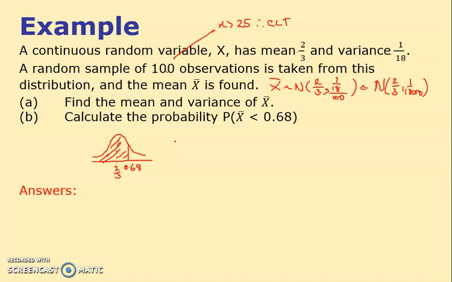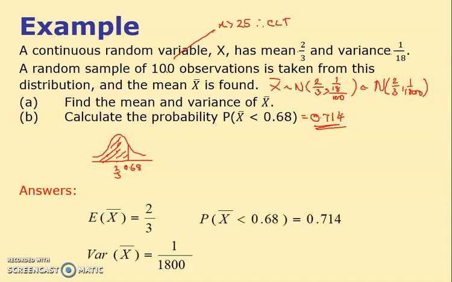My sigma is the square root of 1 divided by 1800. And my mean is 2/3. And I get a probability this time. I'm not sure if it's right. I get this to be 0.714. Let's see if it is right. 0.714 is right.